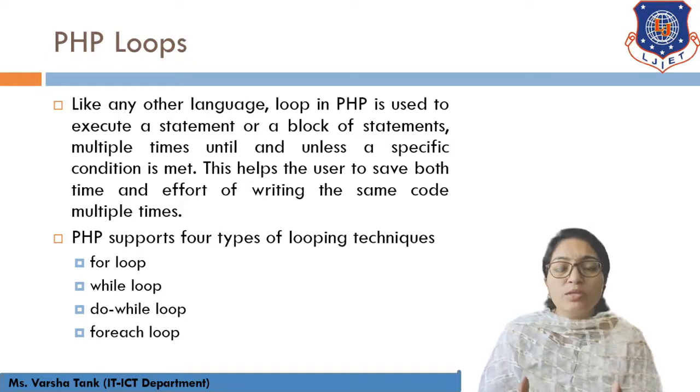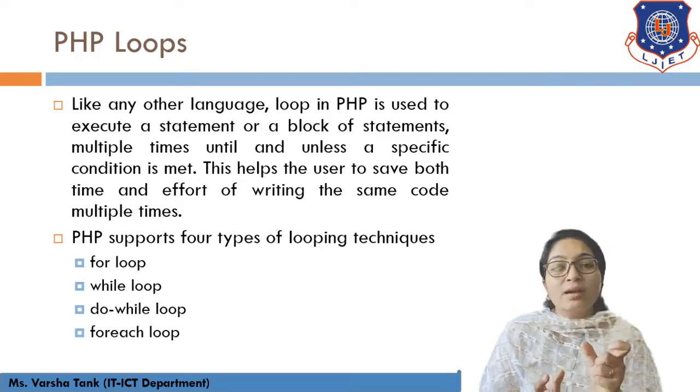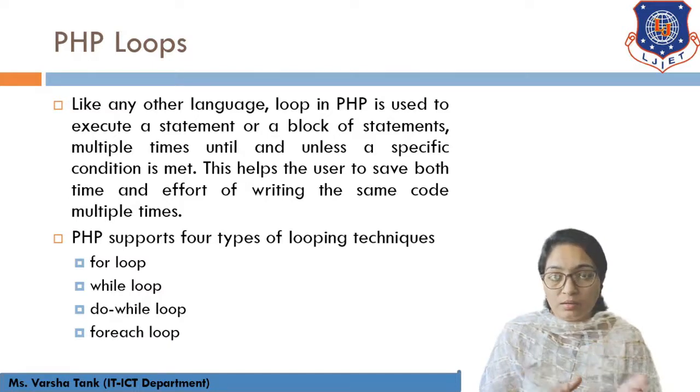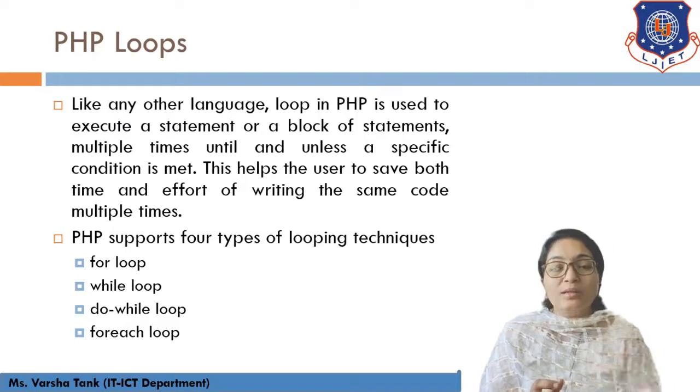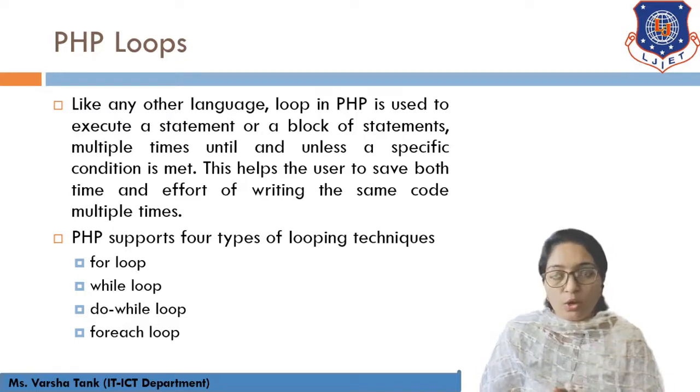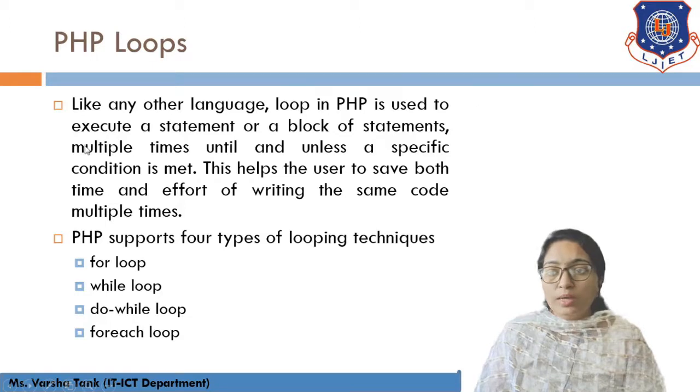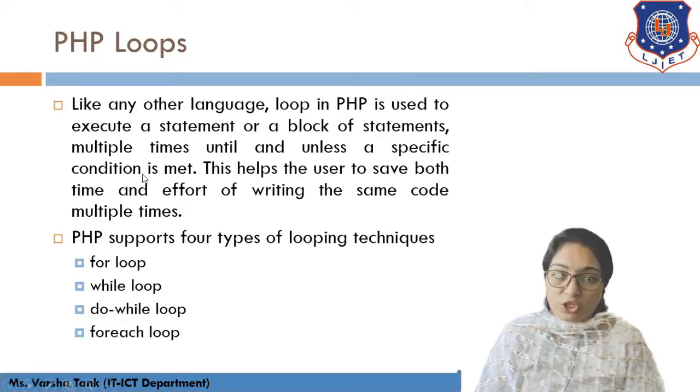You can use any loop. For example, you are using the for loop. So you have to define three statements: initialization, then until when your loop will go, then next you have to define the jump statement. According to that, the statement will be executed multiple times until and unless a specific condition is met.